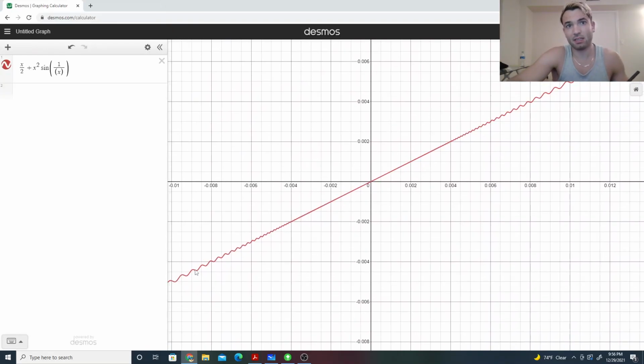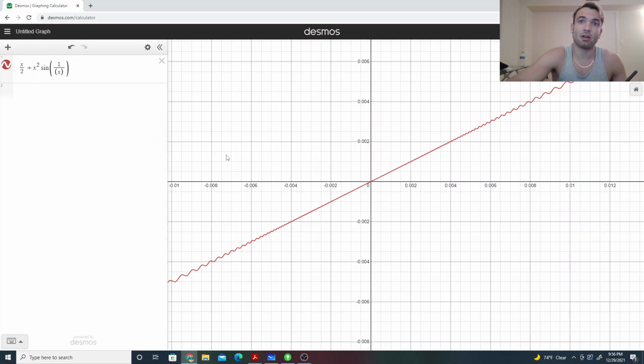As you can see, away from 0, you clearly have intervals where it's increasing and decreasing. It decreases, increases, decreases, increases, and so forth. But they're becoming smaller and smaller, and they're happening more frequently. This is due to the 1 over x here.